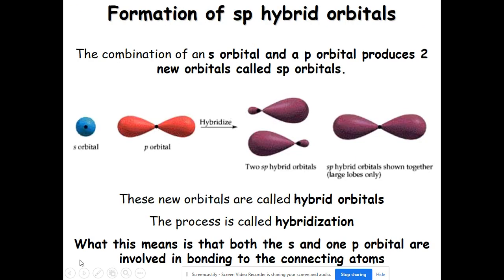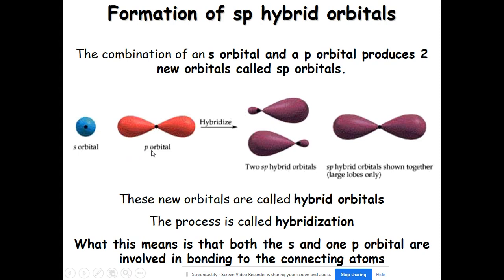So what we have then is how scientists have tried to explain the bond angles which we see in nature, which, as you remember, have to do with the electron clouds trying to get as far apart from each other as they can. So we explain this using hybrid orbitals.